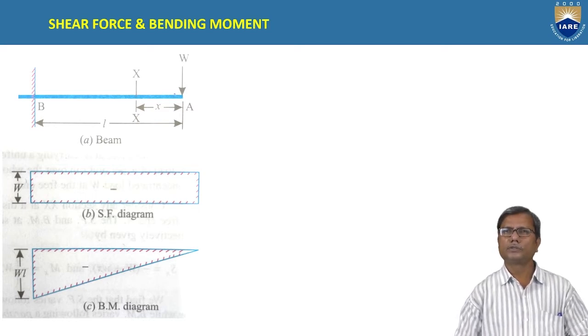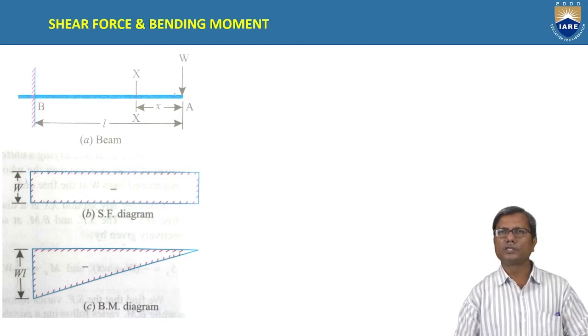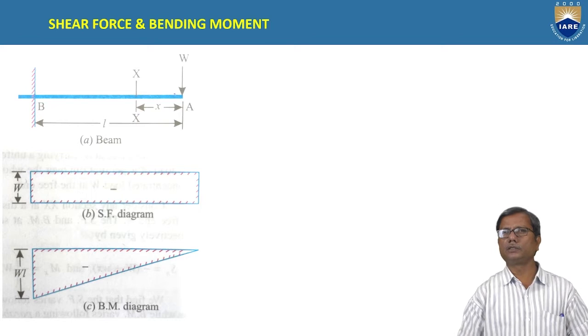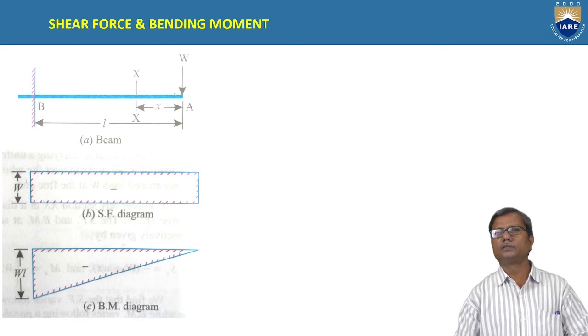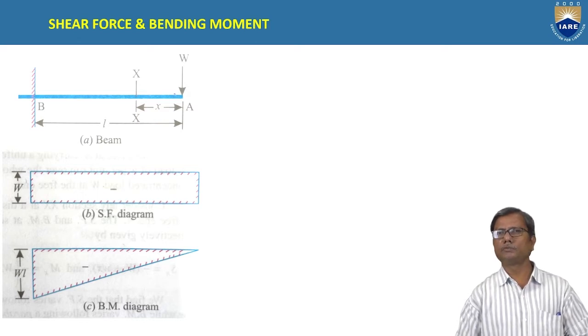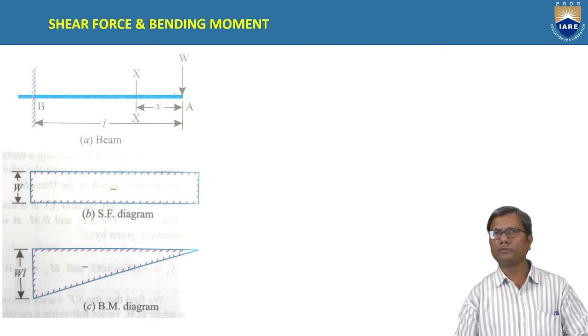Left side or right side, it doesn't matter. We consider the free end side for calculating the shear force or bending moment. We sum up all the forces acting towards the free end side to calculate shear force. Similarly, we take the moments of all the forces lying towards the free end side for calculating bending moment.